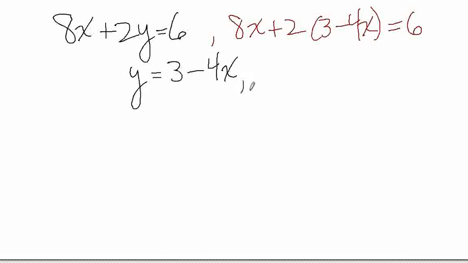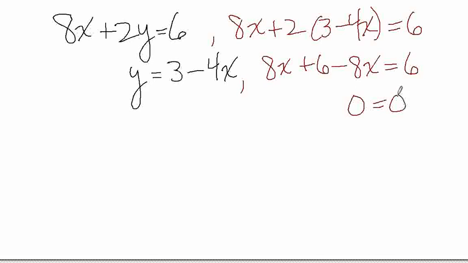So I can solve that red equation. 8x plus 6 minus 8x equals 6. Now I can combine the two terms with x and subtract 6 from both sides, and if I do that, I get 0 equals 0.